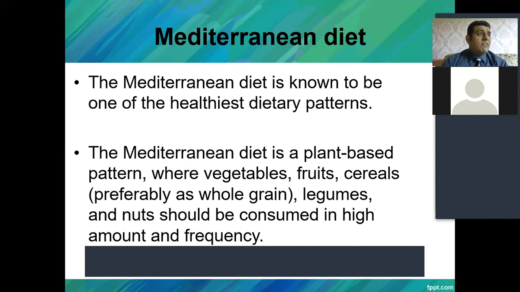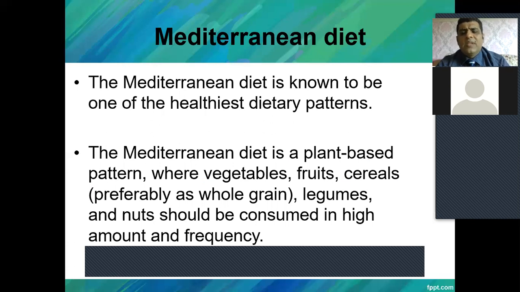But if the blood glucose level is high and you need a proper controlled diet, then boiled rice with some chicken and some vegetables, but that should not be fried. If you have dyslipidemia and your cholesterol level is high, then fried food should not be there. So this is the proper diet plan that the dietitian usually gives to the patient, and that is considered the Mediterranean diet.